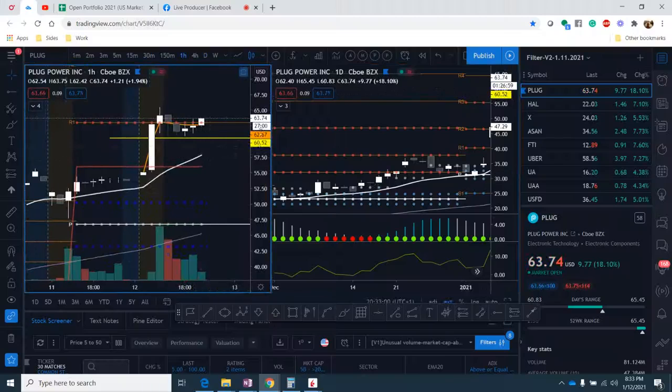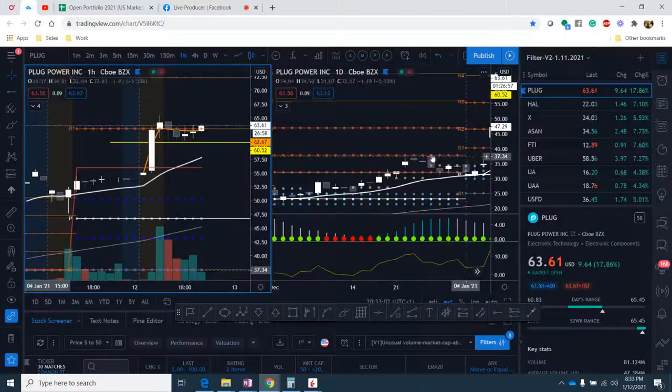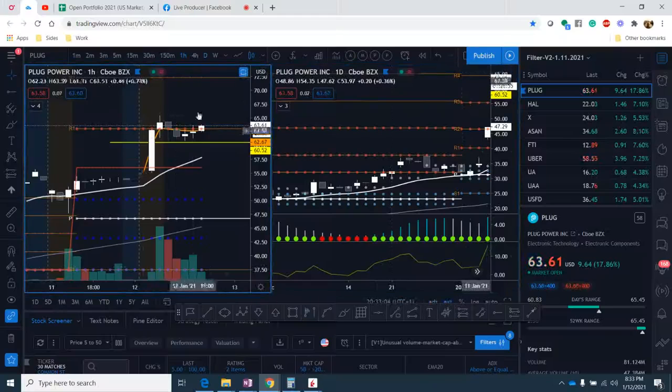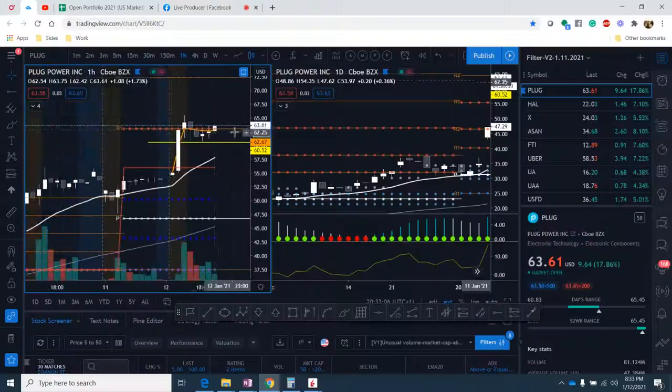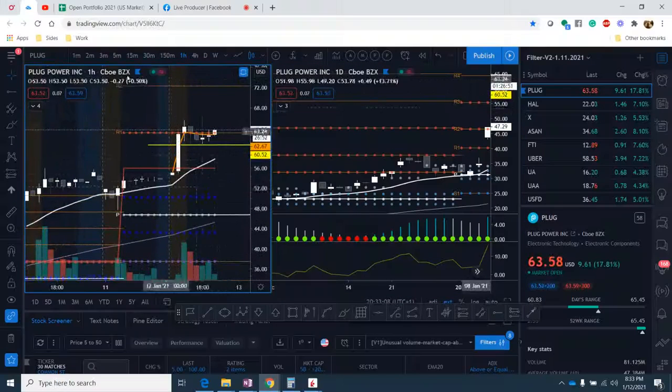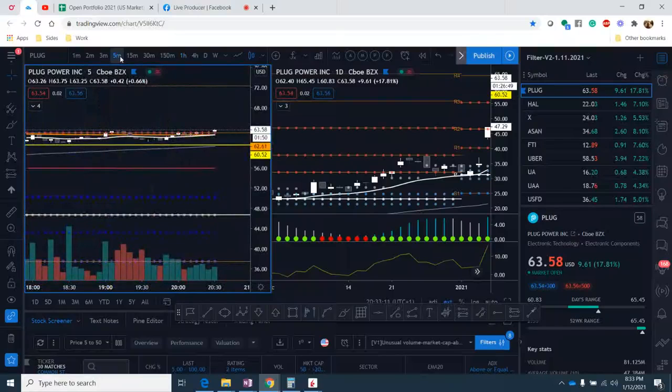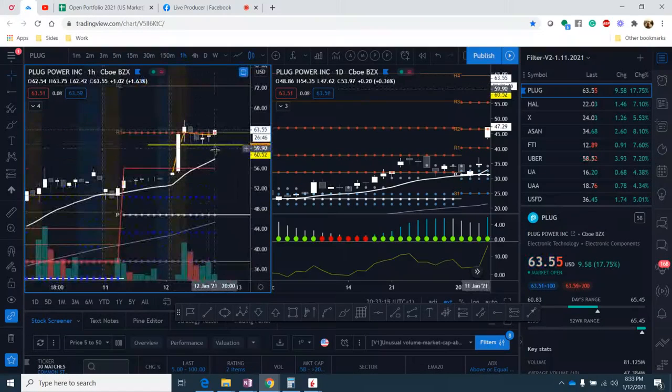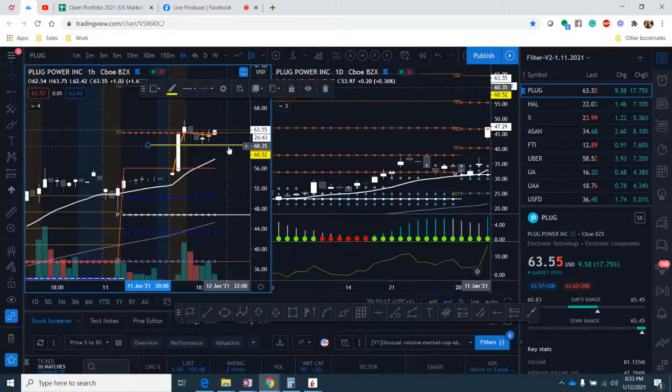From this setup, it's only good for day trading, when you have a nice setup at 1 hour. So I would rather just make a day trade with that and set the stop at around 60.4.